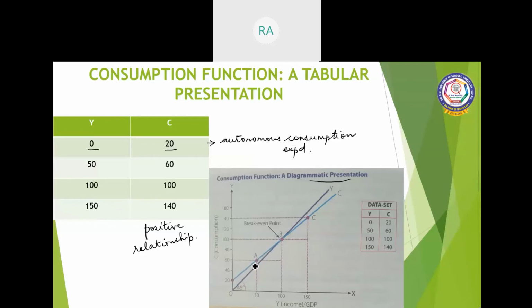This light blue line is the consumption function curve denoted by C. Each point on this curve shows the combination of Y, that is income, and consumption expenditure. So you will know what is the consumption expenditure and what is the income in the economy.